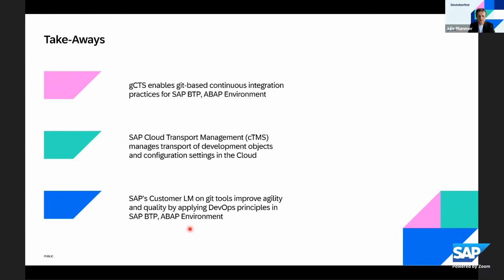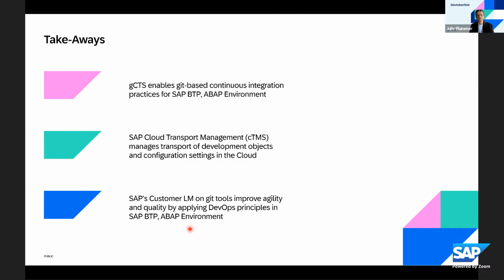So if you take away nothing else, I would say three things to sum up. First of all, git-based change and transport system enables you to employ some of the git-based continuous integration practices while you're developing in SAP BTP ABAP Environment.